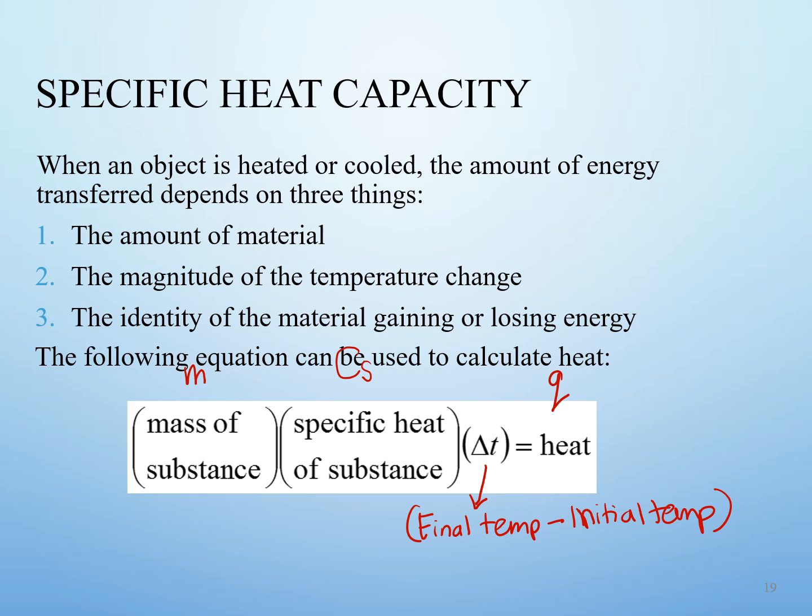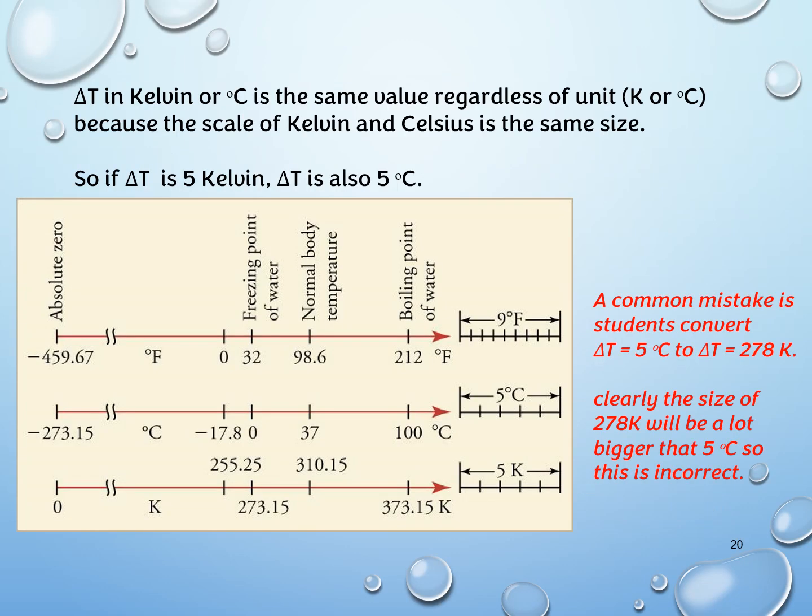When we talk about delta T, one important thing is that earlier, in a few chapters, we were converting Kelvin and Celsius. Remember, 0 Celsius is 273 Kelvin because you always just plus 273. And if you had 273 Kelvin and want to get it in Celsius, you just minus 273.